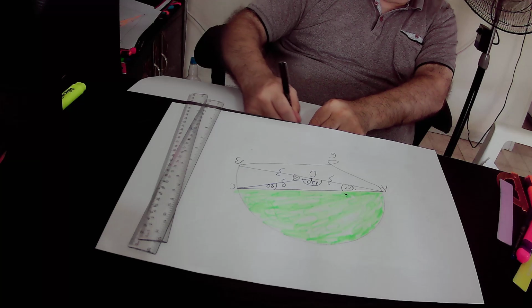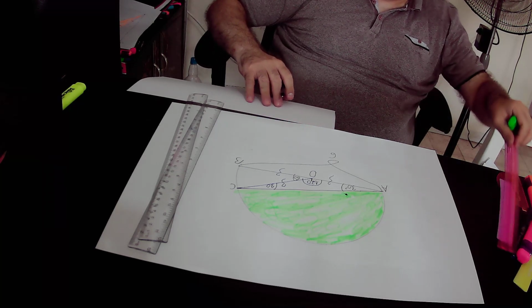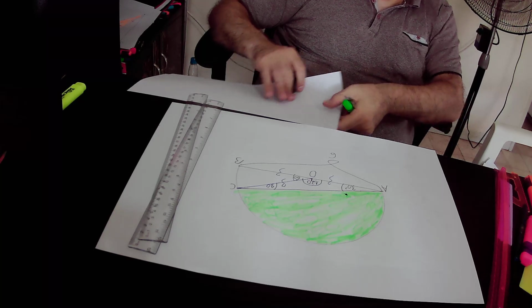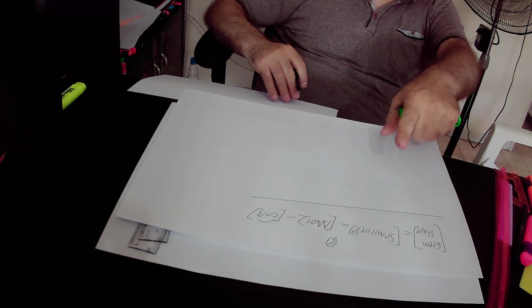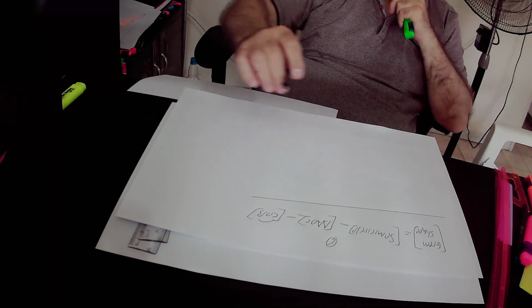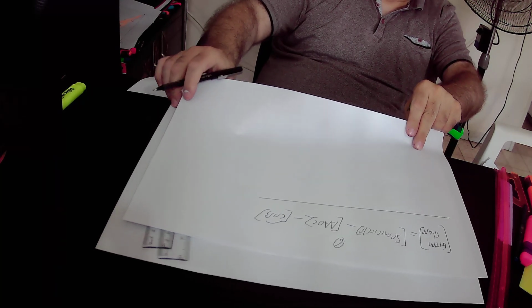I'll repeat again. The area of the green shape equals the area of the semicircle minus the area of triangle AOC minus the area of sector COB.